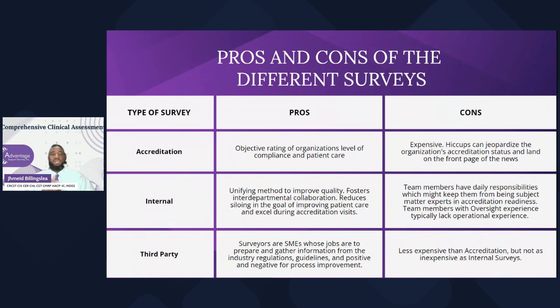The third party surveyors are SMEs whose jobs are to prepare and gather information from industry regulations. Ideally, they sit on the AMI standards committees that write these standards so that they have a head start on interpreting those standards.